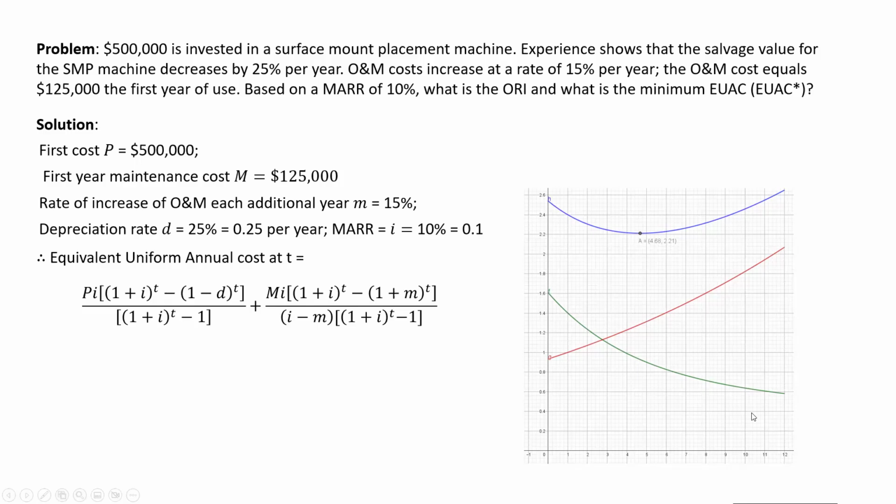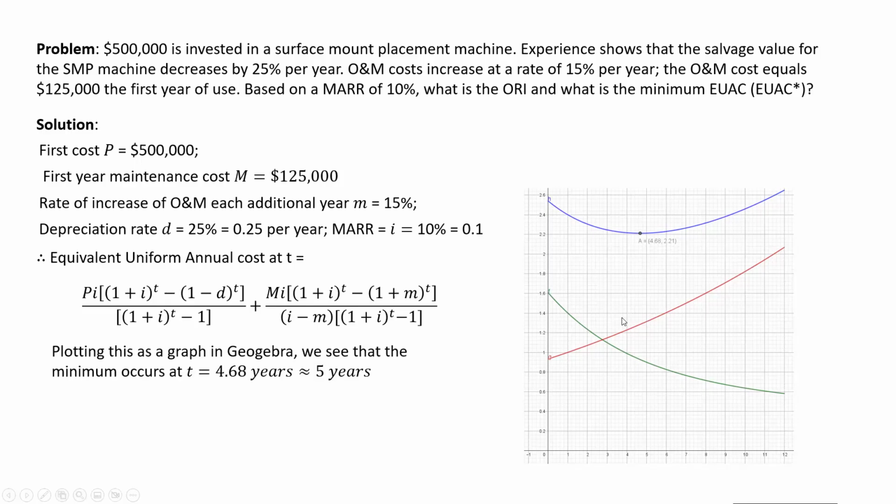So I have time on this axis, and it says, when t equals 4.68 years, that's when you have the minimum value for this EUAC. Oh, I see. Thanks. And so plotting this as a graph in GeoGebra, we see that the minimum occurs at t equals 4.68 years, which is approximately 5 years.